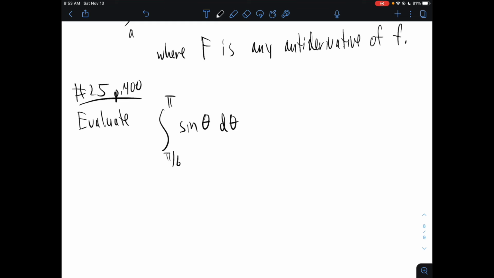Okay, so let's just note that in our case here, this is our function lowercase f. So f of theta, we're not using x, we're using theta as our input. Is that continuous? Yes. It's continuous over all real numbers, especially from pi over 6 to pi.